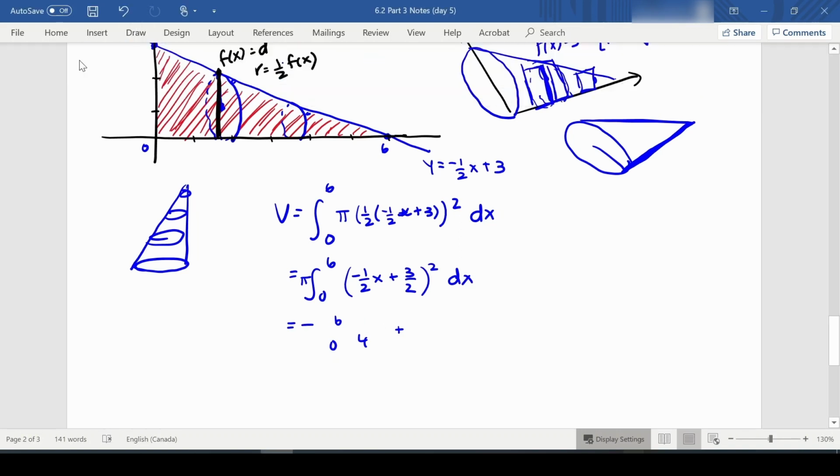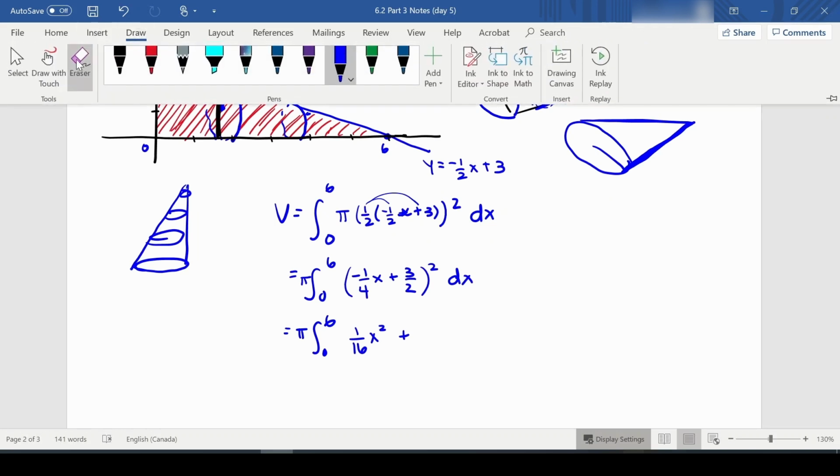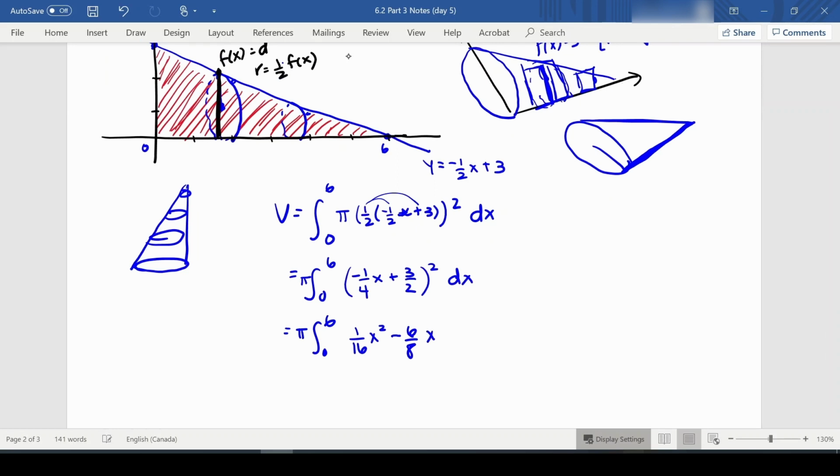Never mind, just a moment. Okay, we distribute our 1/2 in. This gives us negative 1 over 4 x plus 3 over 2, all squared. So this should give us 1 over 16 x squared, minus 6 over 8 x, plus 9 over 4, dx.